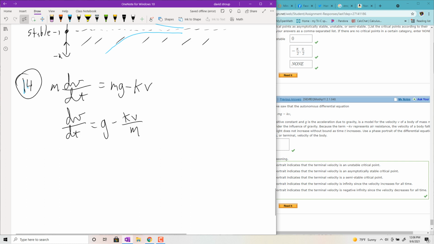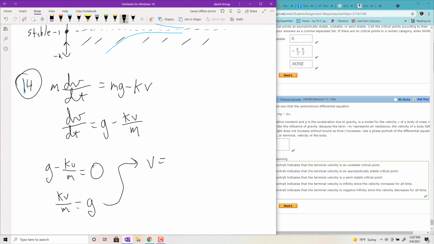Let's get the critical point. So all you have to do is basically set g minus kv over m equal to 0 and solve for v. Adding kv over m to both sides, you get kv over m equals g, and then solving for v, v equals gm over k.